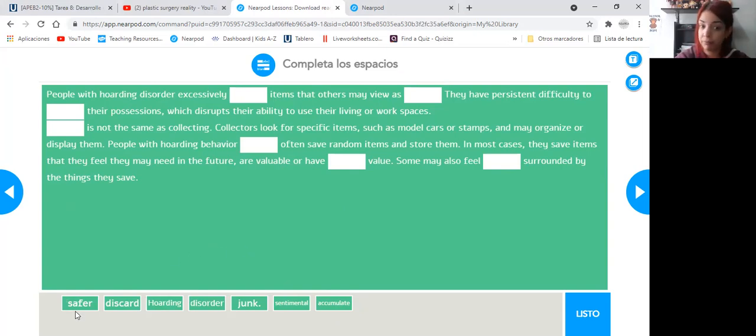Remember: safer, feel safe, discard, hoarding, disorder, junk, sentimental, accumulate. So some of the words that you saw in the previous activity are going to be here in the blank spaces. So please help me put them in the right place.